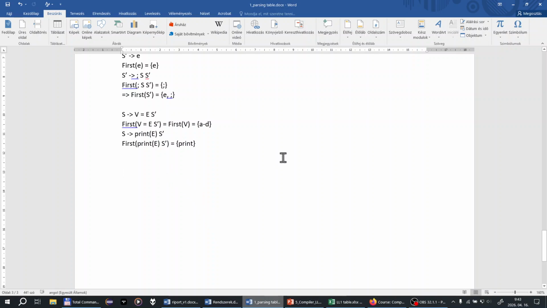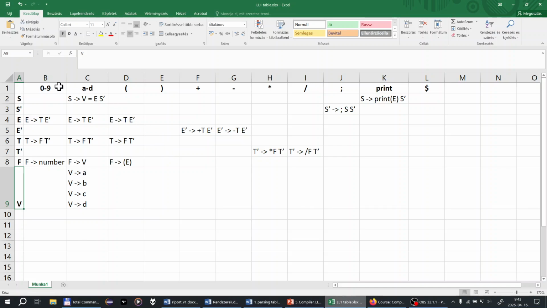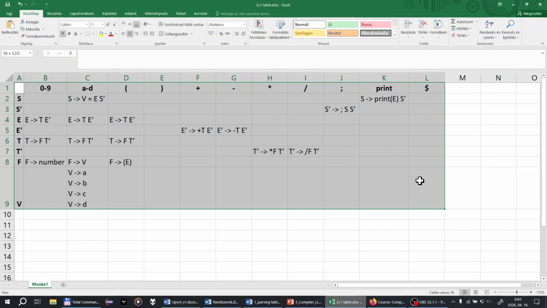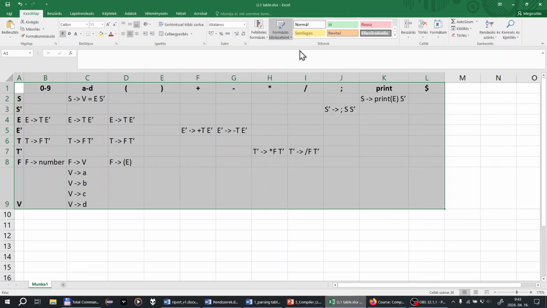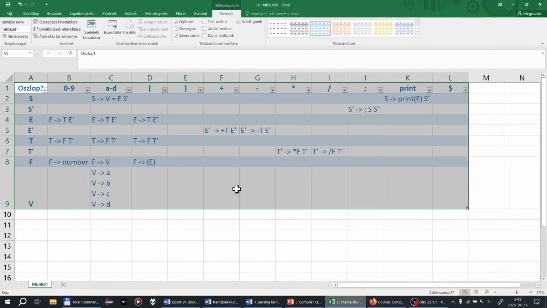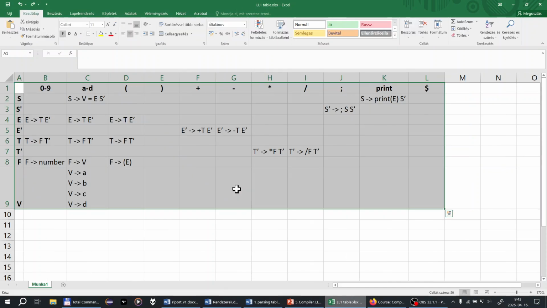So at this point, we have this parsing table, which looks like this one. Okay, grid is here.